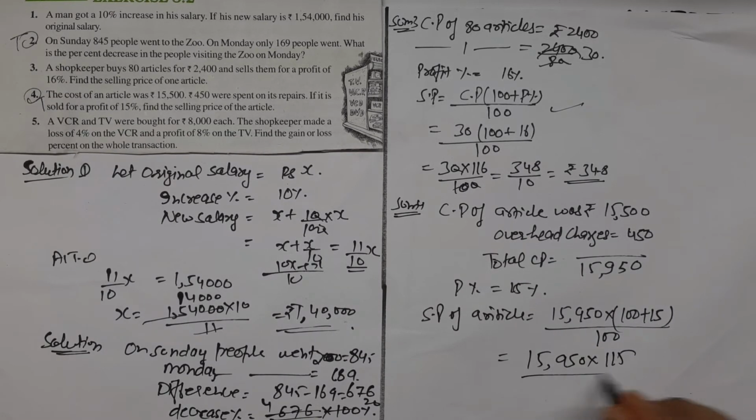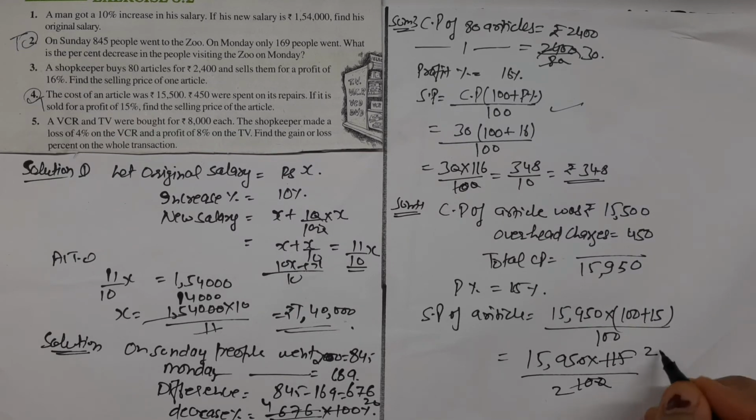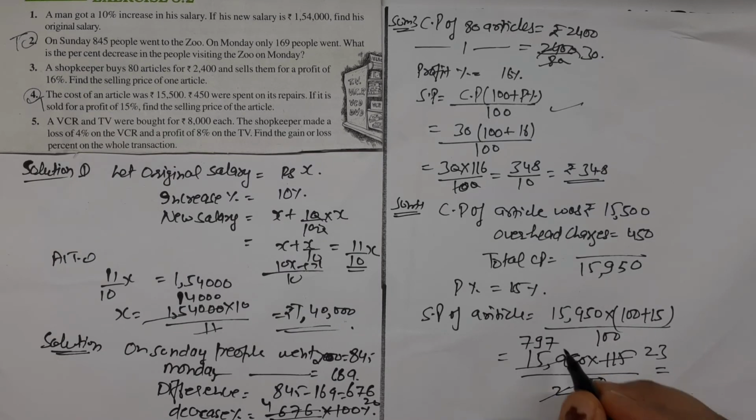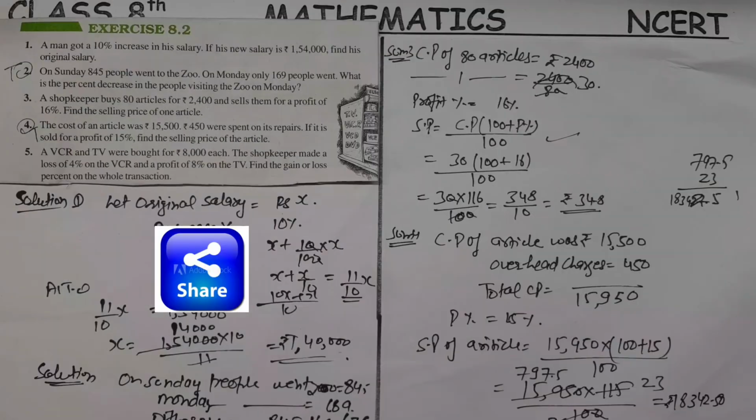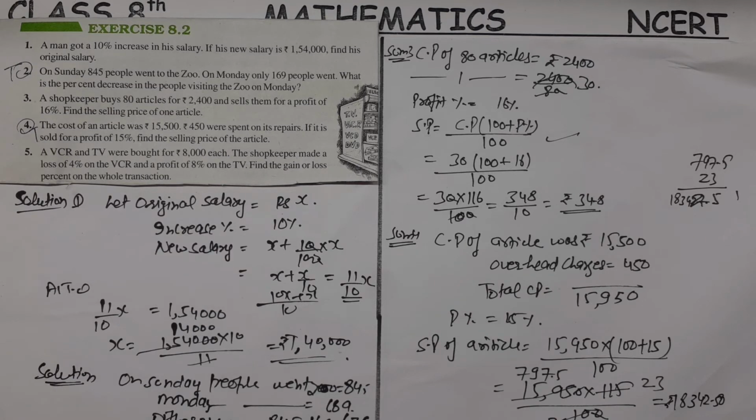Solving. 5 2s are, 5 3s are. Now multiply. After multiplication, answer is 18,342.50.